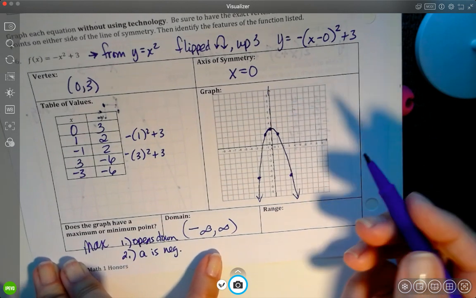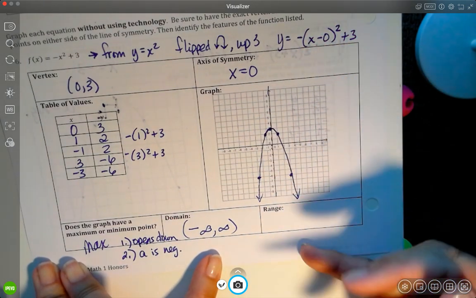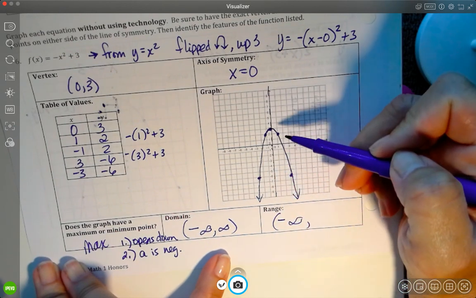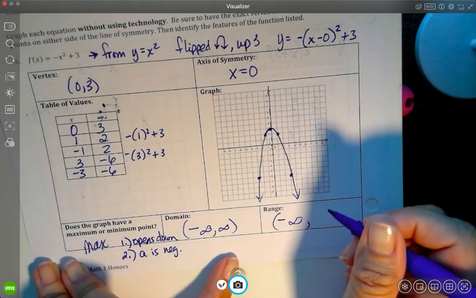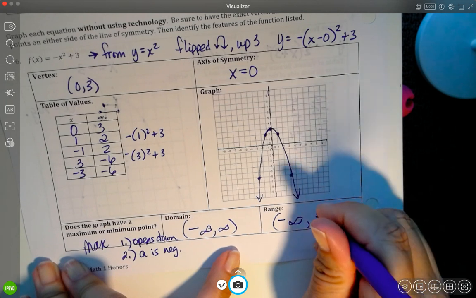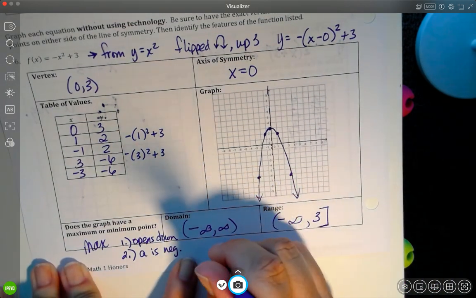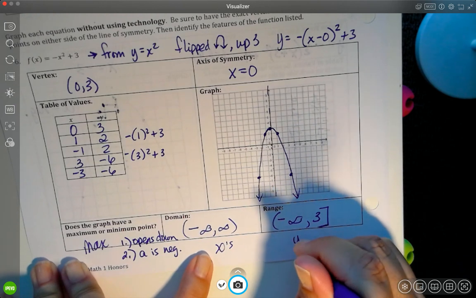So you know that if it keeps going, it's going to go to negative infinity, which is parentheses, and it goes all the way up to 3. So 3 is included, so I'm going to put a bracket because that's inclusive. Okay, so remember, domain is x's, and range is y's.